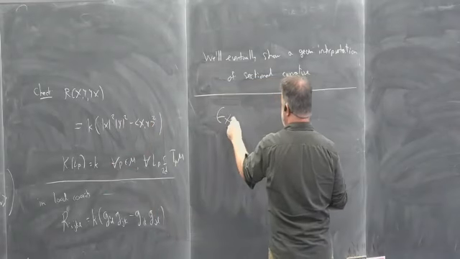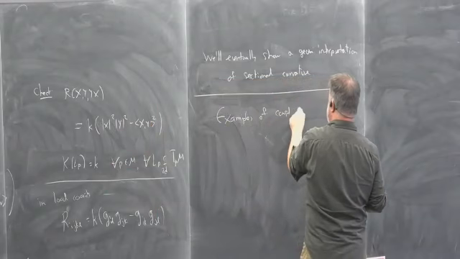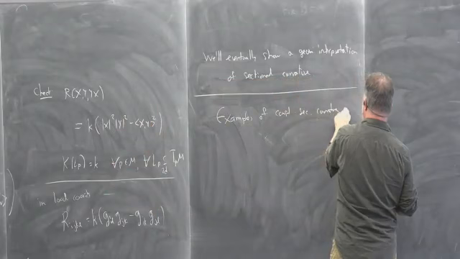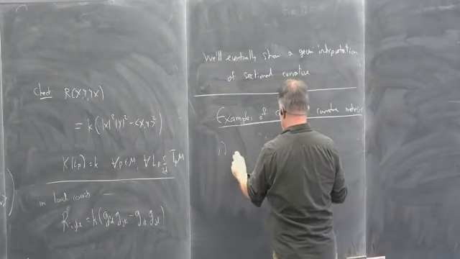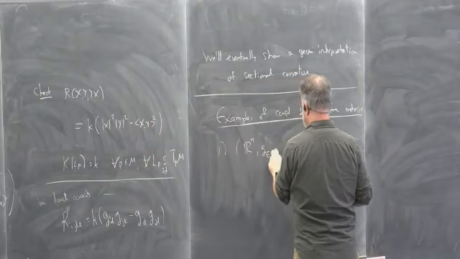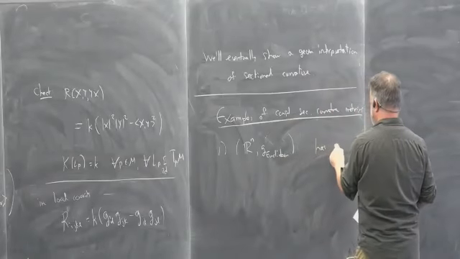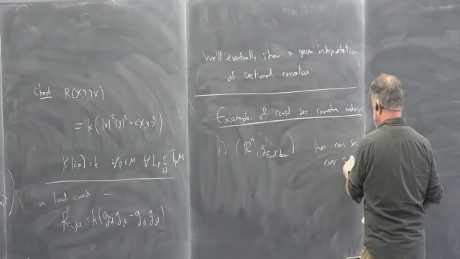So here are some examples of constant sectional curvature metrics. First, if I take R^n with the Euclidean metric, this has constant sectional curvature equal to 0.